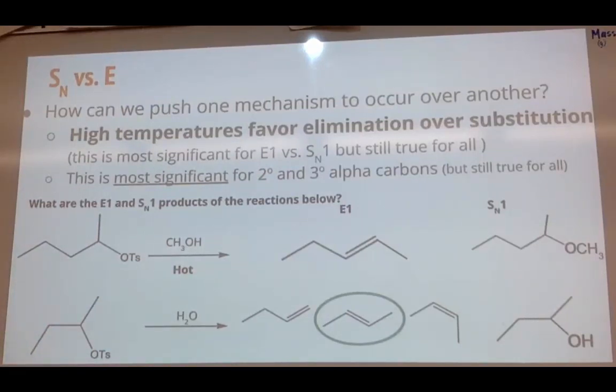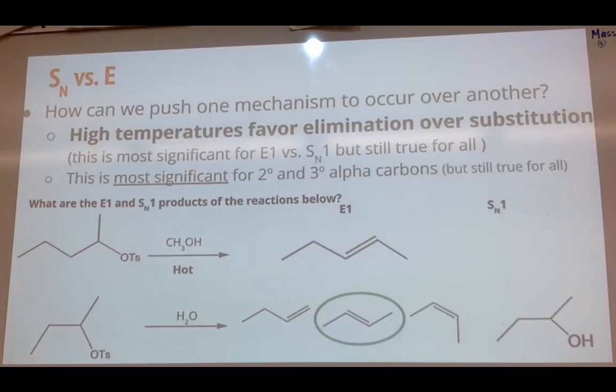A carbocation would form, and then we would form our E1 and our SN1 product. But if we also vary the temperature, if you're at high temperatures, you'll favor the E1 product. So our major product would be the E1, the elimination product.